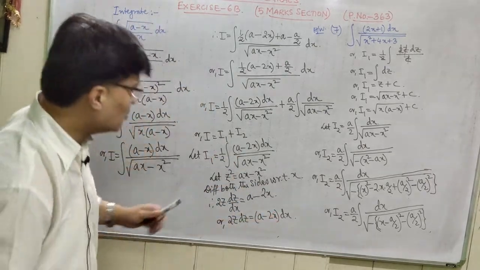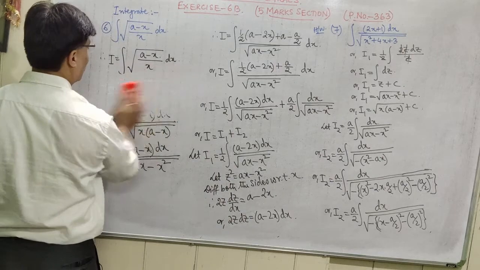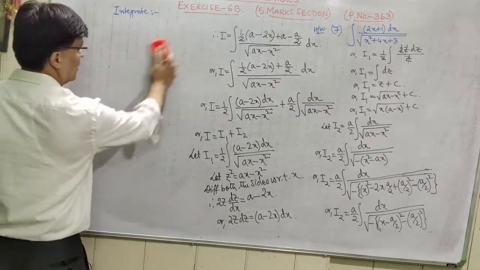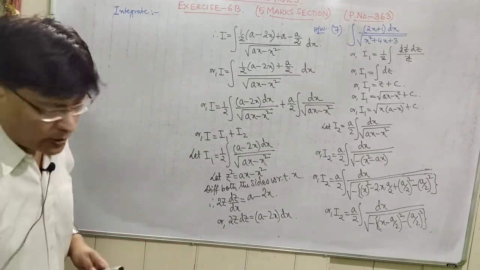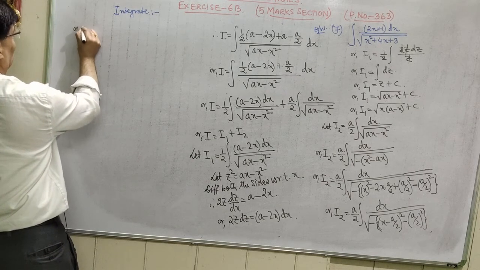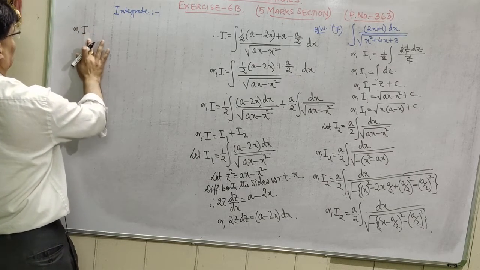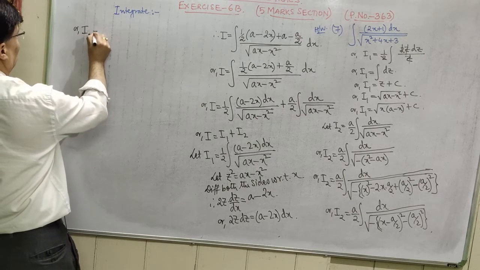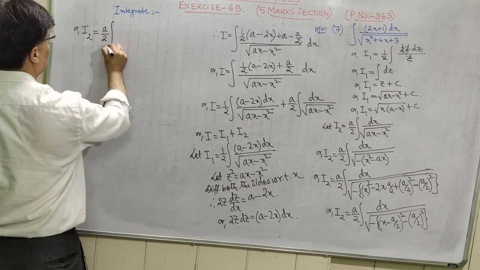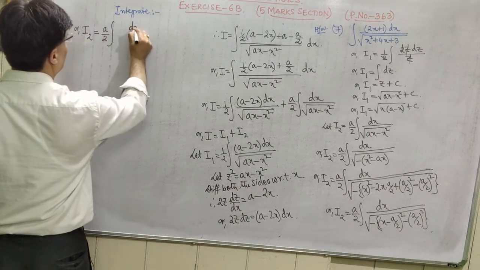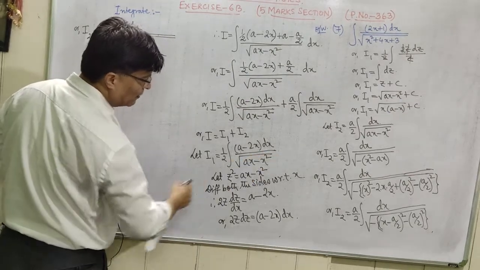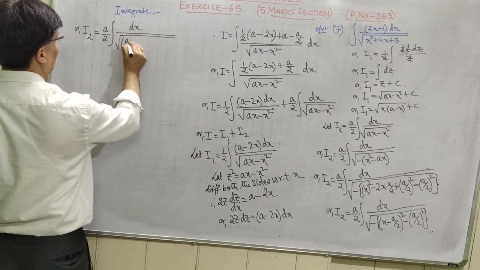Okay. Now within the square root, multiply by the minus sign, and let us write down the positive term first. Right. So I2 is equal to a by 2 integration of dx divided by square root of, now multiply by minus sign, minus into minus plus a by 2 whole square.